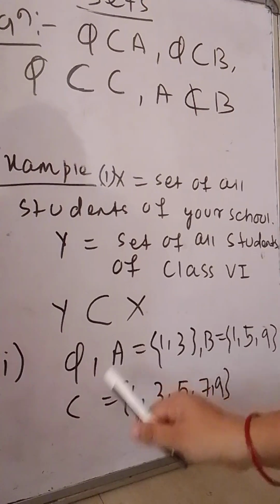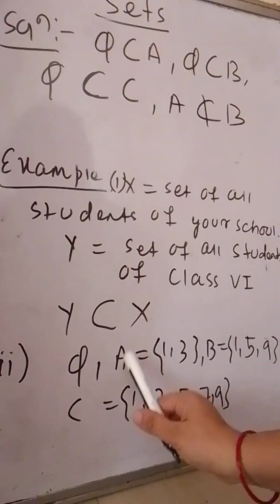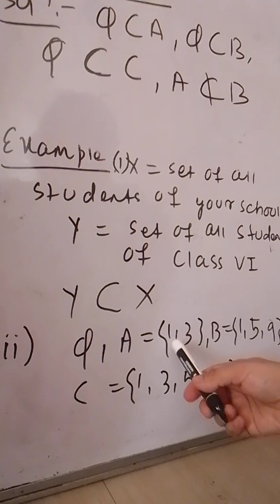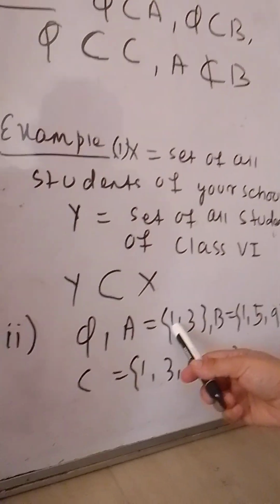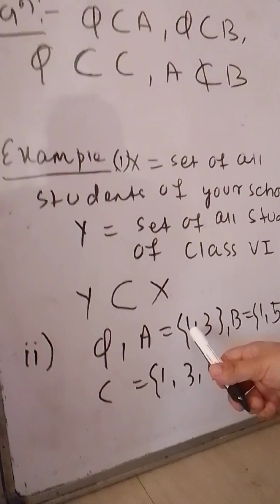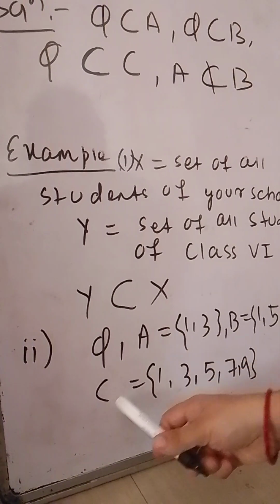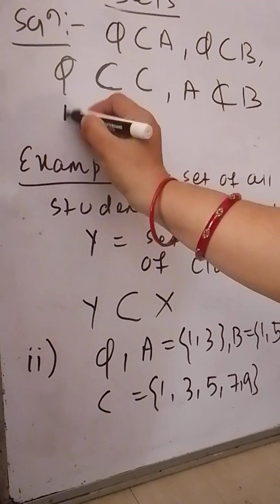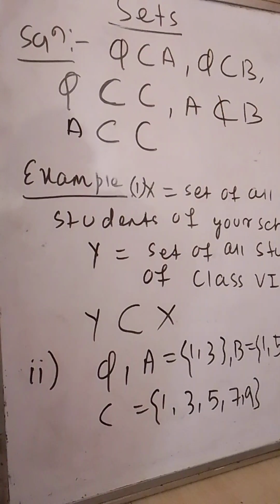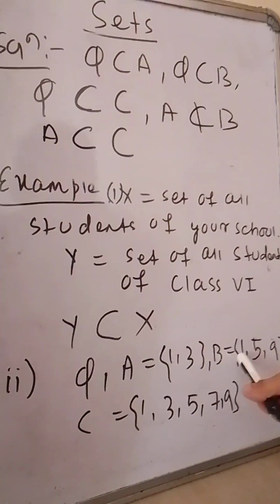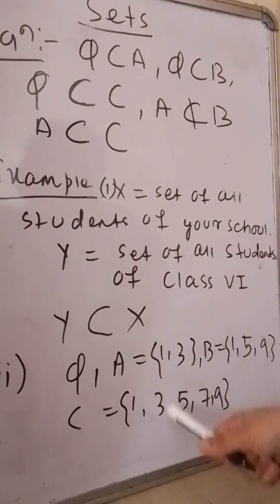Now let us compare A and C to check whether A is a subset of C. Now you see the element 1 which is in A is also in C. The element 3 which is in A is also in C. Therefore each element of set A is an element of set C. So we can say A is a subset of C. Now you compare B and C. Is B a subset of C?